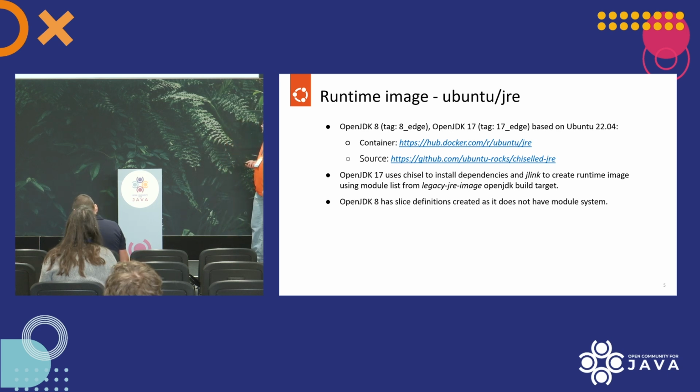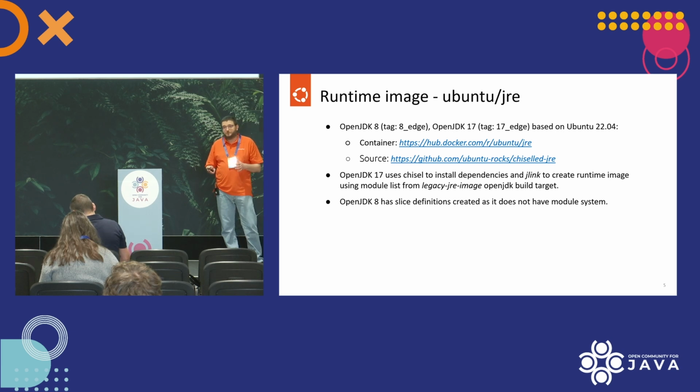So the build target for OpenJDK is the legacy JRE image, which basically supplies a much leaner modules file than the full JDK modules file. In the OpenJDK package in Debian and in Ubuntu by extension, there is a package called JRE, but in fact it has a full set of modules. So in fact it's JDK with some binaries stripped out.